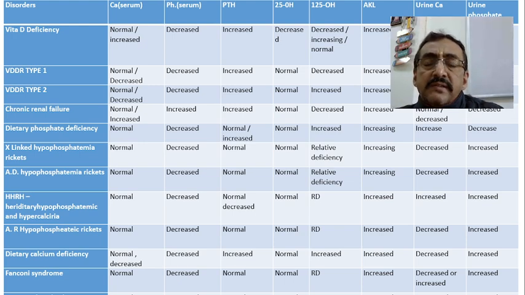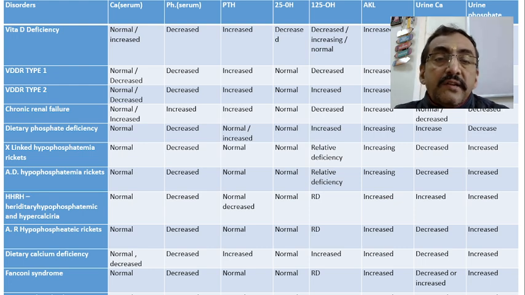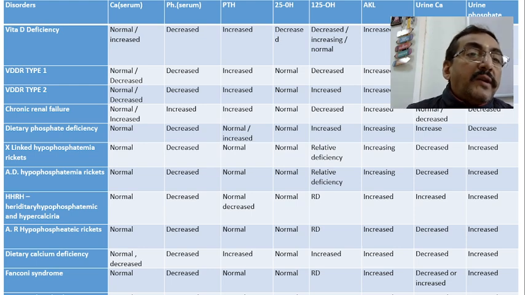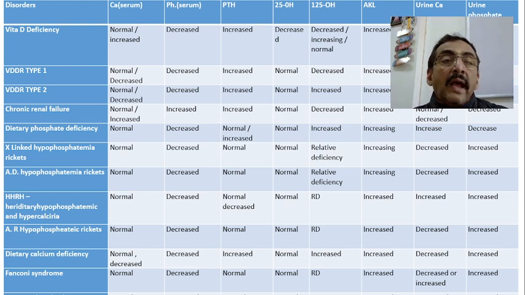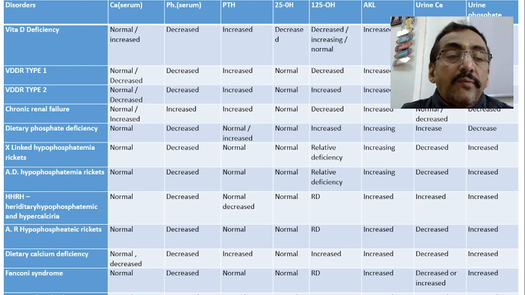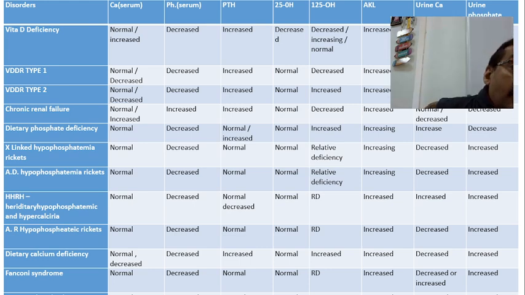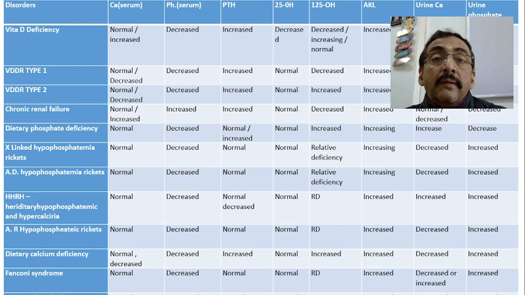All these conditions which lead to rickets have been listed here, and all the investigation findings are explained here. And one thing you can see, urine phosphate level is always increased in all the conditions. Another, you can see alkaline phosphatase level is increased in almost all the conditions. Talking about 25 OH level, that is decreased only in vitamin D deficiency.